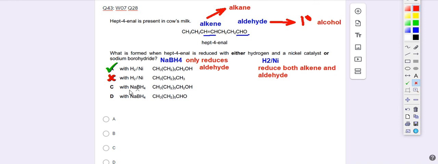That means C is not correct, because the product shows that NaBH4 has reduced the alkene, which is not correct. In D, the alkene is reduced and the aldehyde is not, which is not correct either. It should be the other way around. So the answer is A.